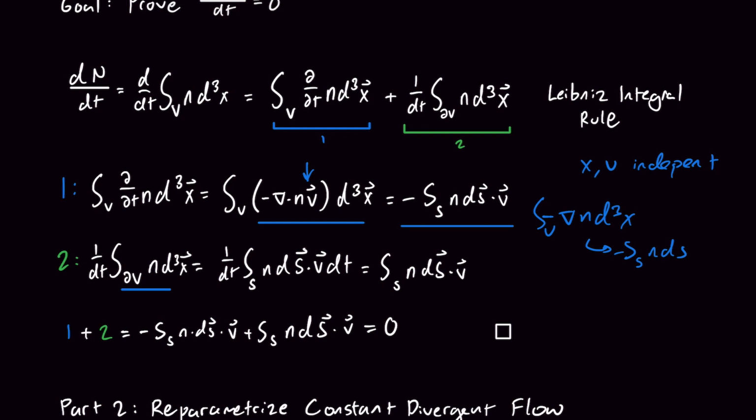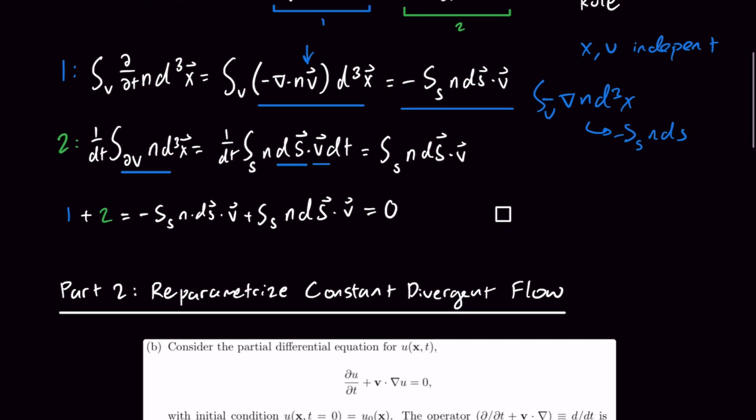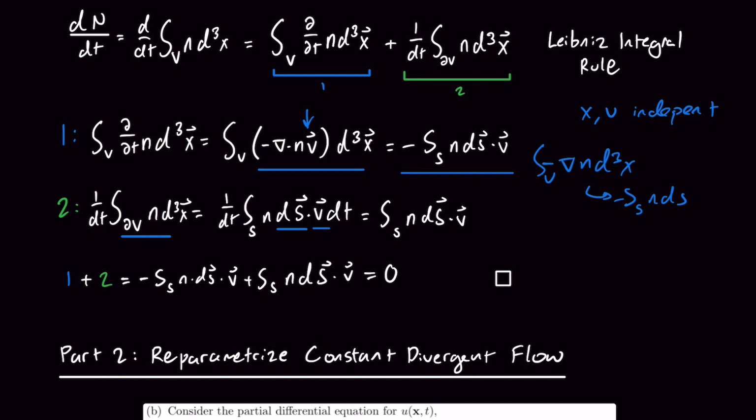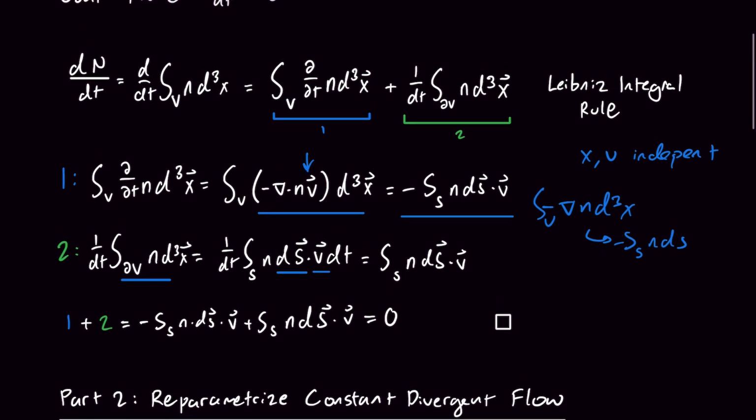So this is actually integrating over the surface and then putting a change term over it. Then the dt on the outside and the inside will cancel, leaving you with this term, which is n ds dot v. And this is exactly the same as the first term. So the first term and the second term add up to 0, and you just proved that dN over dt is 0.